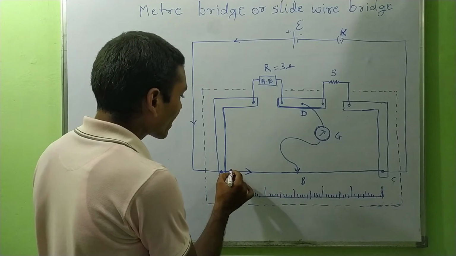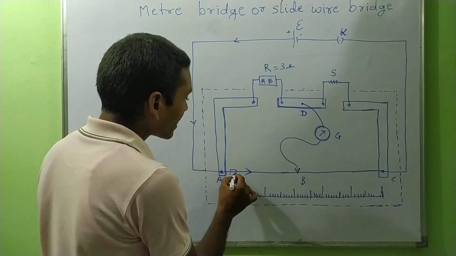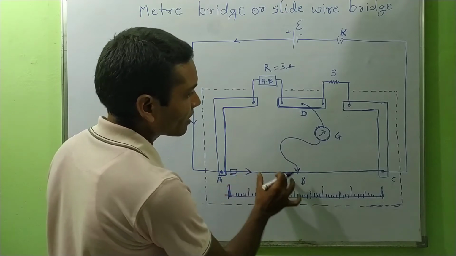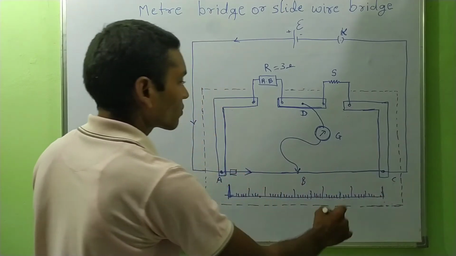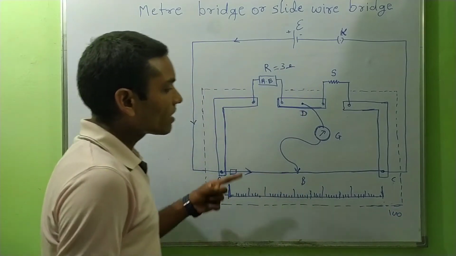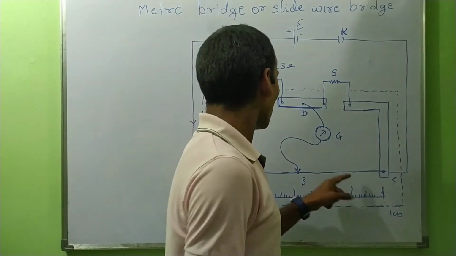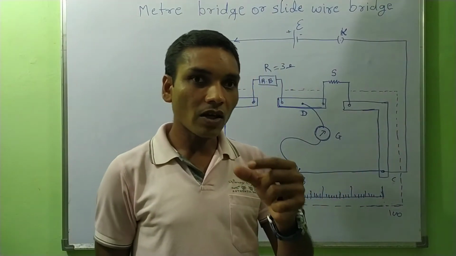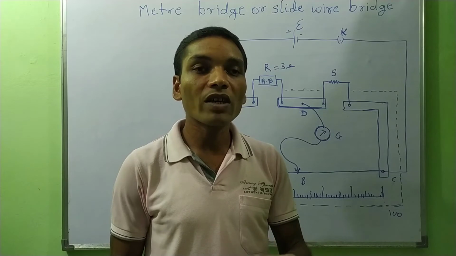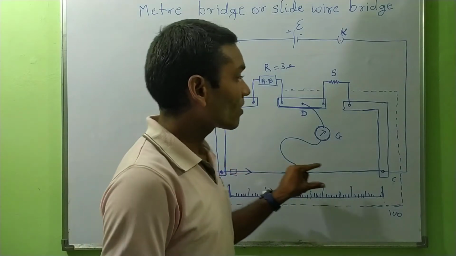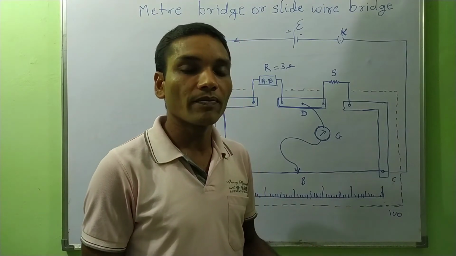So the resistance in each unit length, like this is the first centimeter, second centimeter, and the length of this wire is 100 centimeters. So in each 1 centimeter of this wire, the resistance will not be equal, or the resistance in this wire will not be uniform.